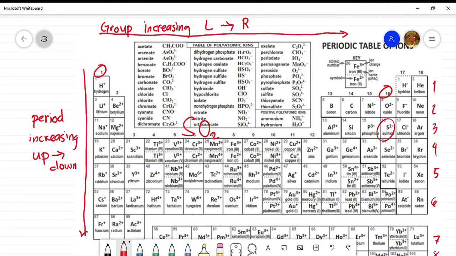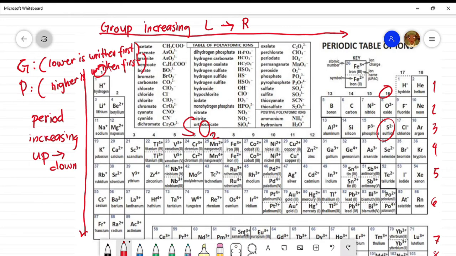To remember, when you're looking at the group, the lower is written first. But when they are in the same column, you look at the period, and the higher is written first. So I hope that's clear.